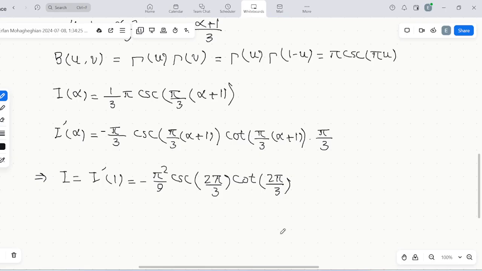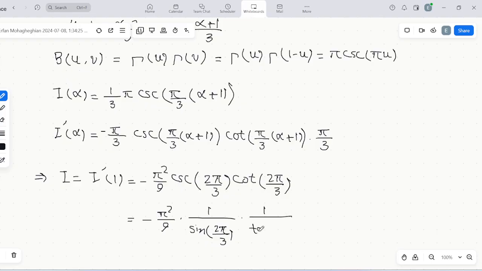Cosecant is 1 over sine and cotangent is 1 over tangent. So this is negative pi squared over 9 times 1 over sine of 2 pi over 3 times 1 over tangent of 2 pi over 3.